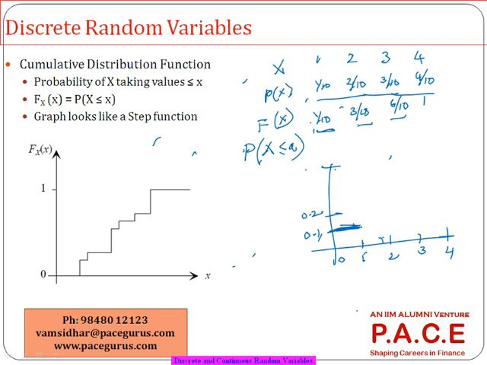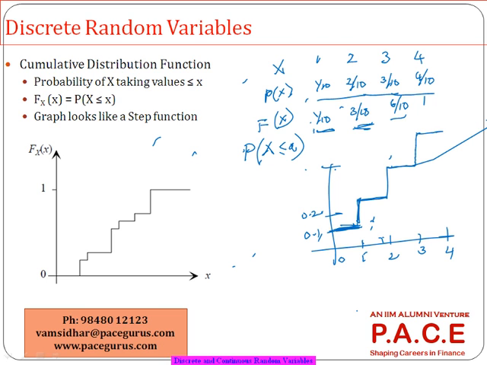Less than or equal to 2, it is 3 by 10. Right? So between 1 and 2, you are making it around 3 by 10. Less than or equal to 3, it is 6 by 10, 0.6. And less than or equal to 4, it is 10 by 10 or 1.